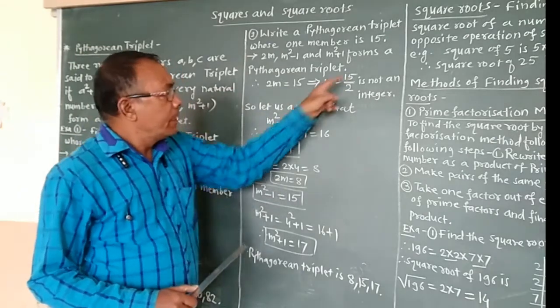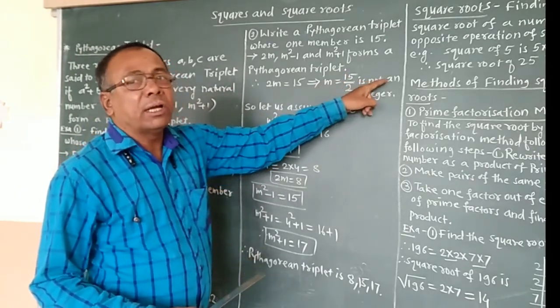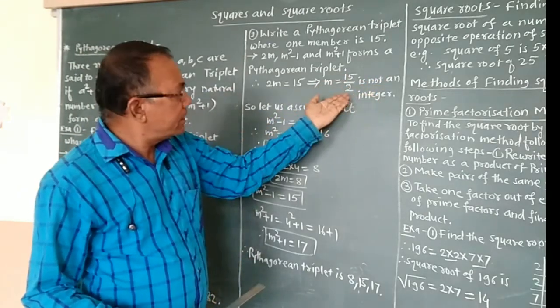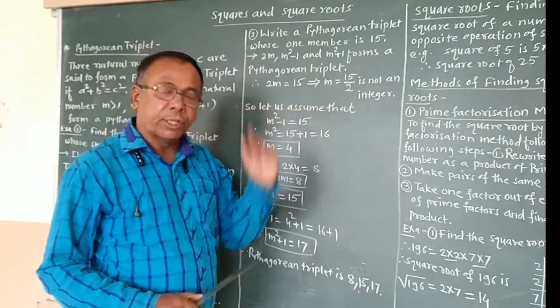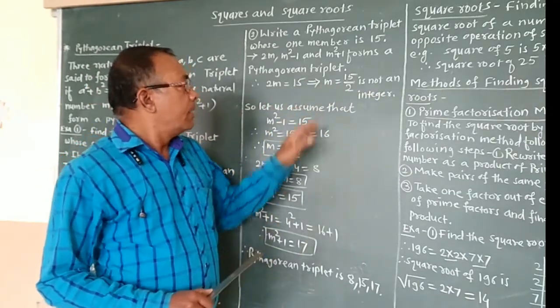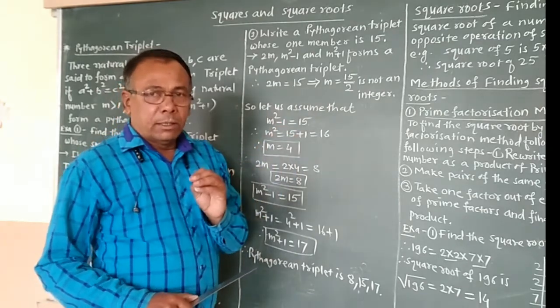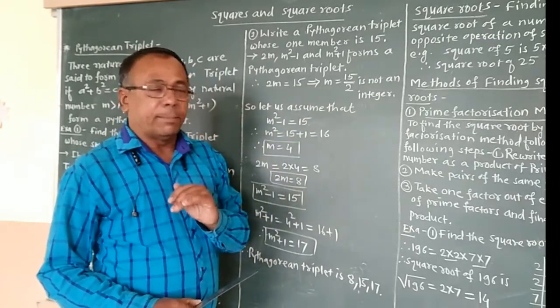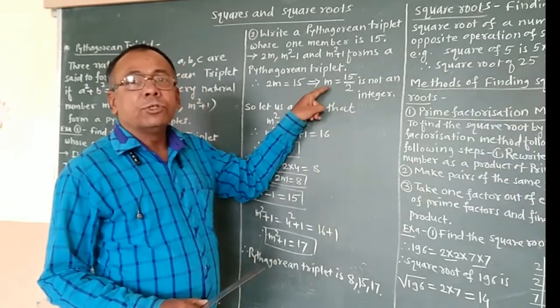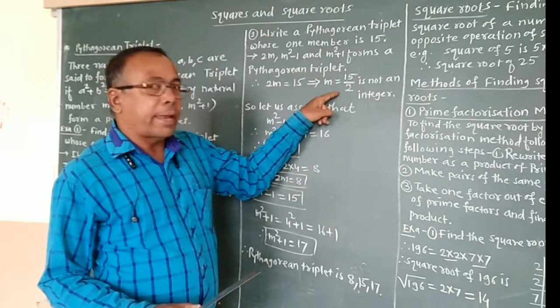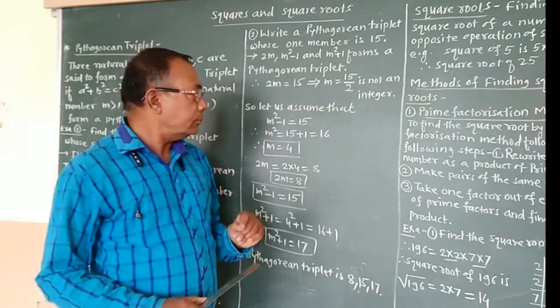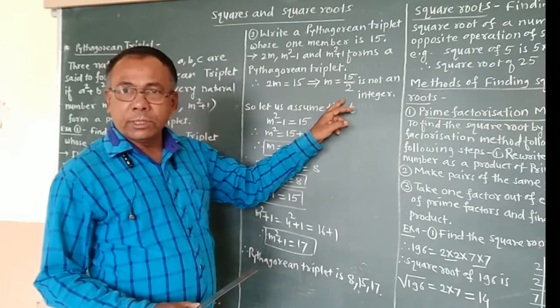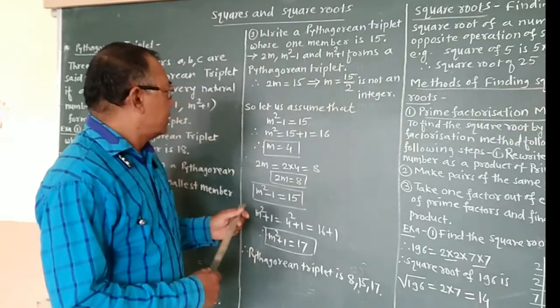But 15 upon 2 is not an integer, it is a fraction or a rational number. Mind you, to find the Pythagorean triplet, the value of m should be an integer. Here 15 upon 2 is not an integer.